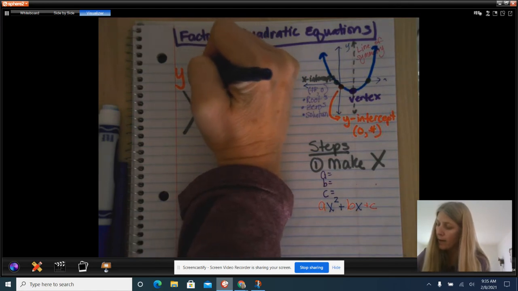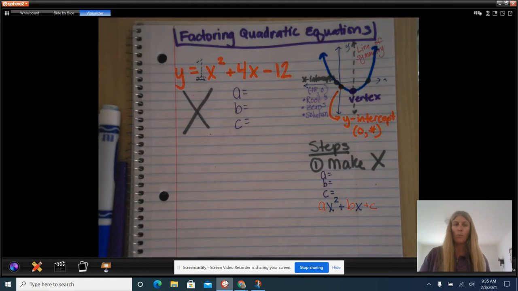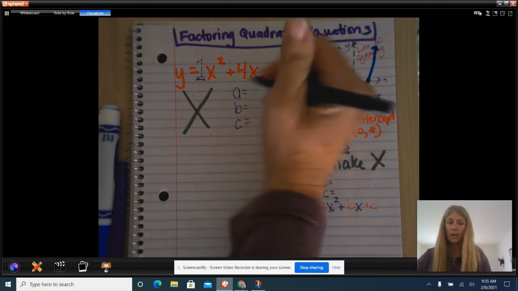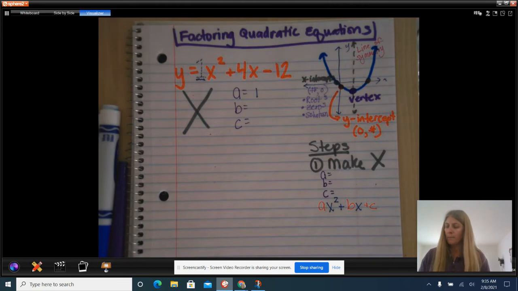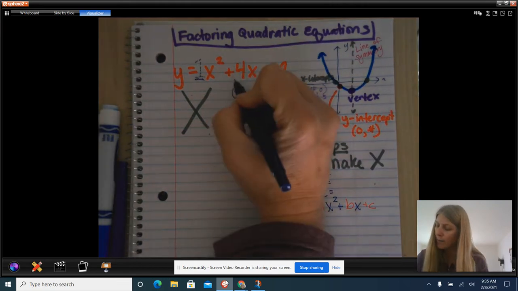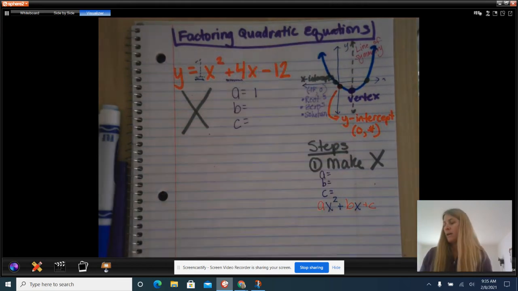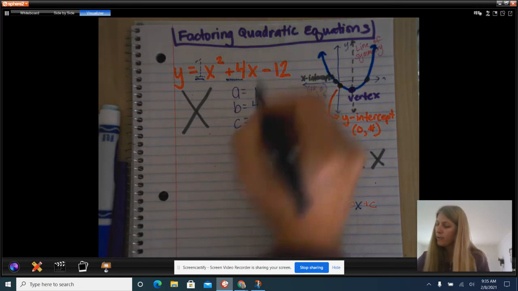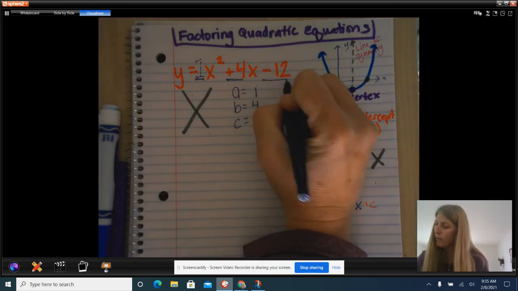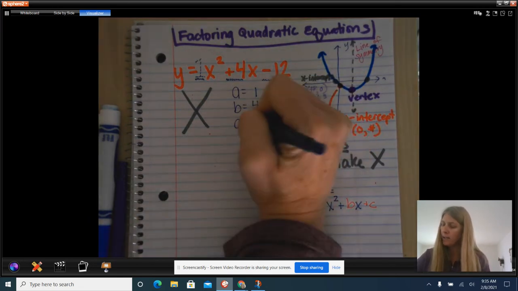However, we know that if nothing is there, it's an invisible 1 because there's one x squared. So our a in this case is the number 1. We look at b, which is the number in front of our plain x, and we see that that's a positive 4, so that's going to be 4. And we look for c, that's our constant. Remember to include the sign to the left, and our c is negative 12.